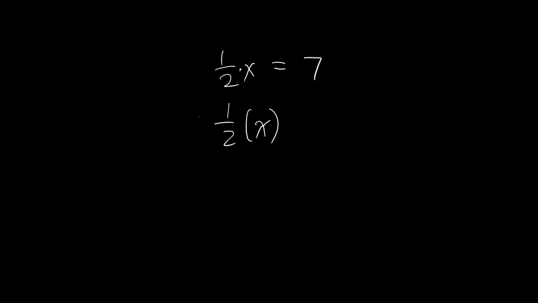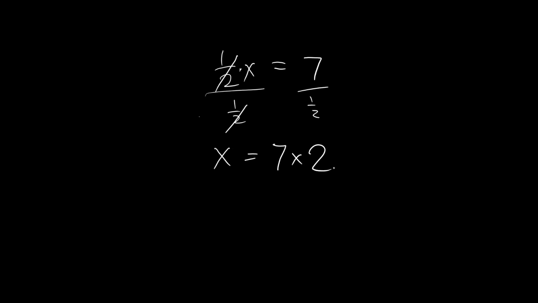What's the opposite of multiplication? Well, it's division. So you can divide both sides by 1/2. These halves cancel out. x is equal to 7 divided by 1/2. Keep, change, flip: 7 times 2. x is equal to 14.